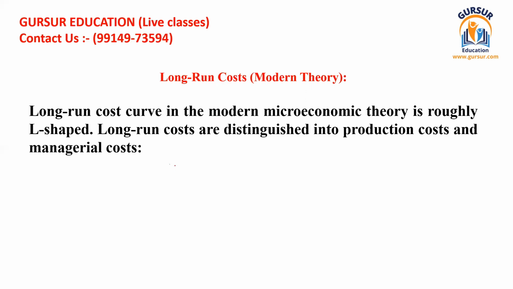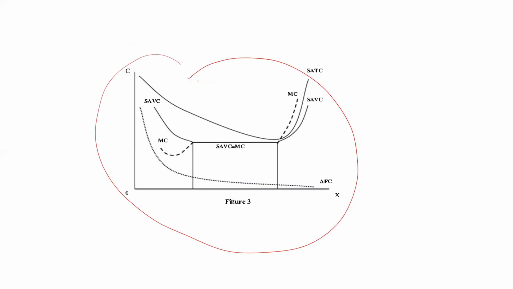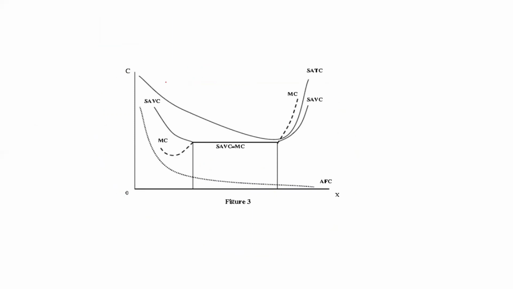This is the period in which all the costs are of a variable nature, and the law of returns to scale applies, which we have studied under the concept of a production function. So in this case, all the costs are exactly similar to what we have already understood in this figure. The only difference is that they are even flatter than these, and they cover all these figures. Do you remember?